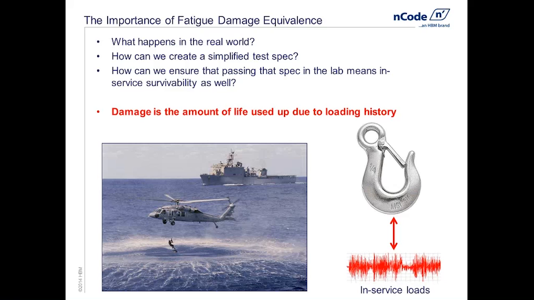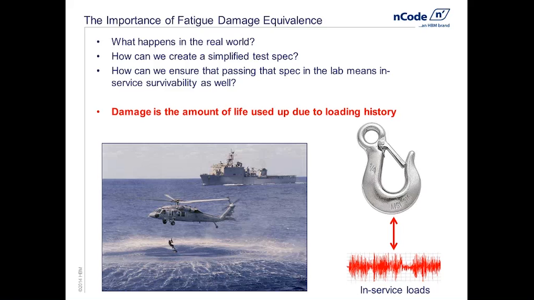His moving around and rescuing people and lowering down the cable and the helicopter movement, all of this stuff is going to cause some amount of damage. By damage, I mean nothing more than the amount of life of the part that's used up due to this fluctuating load history.